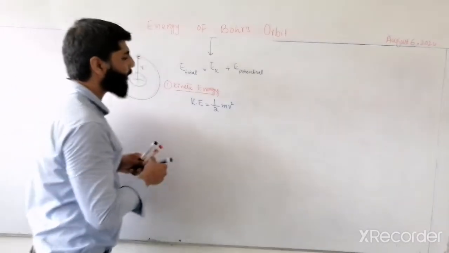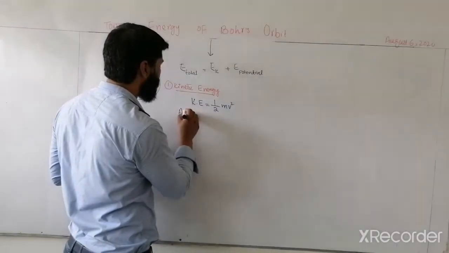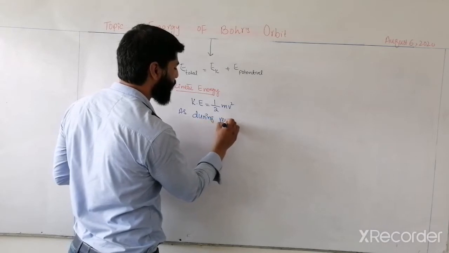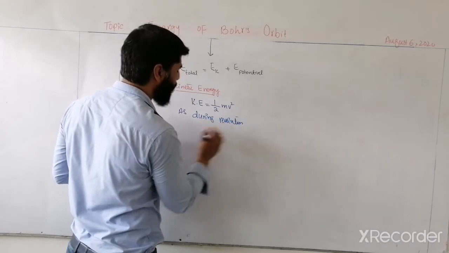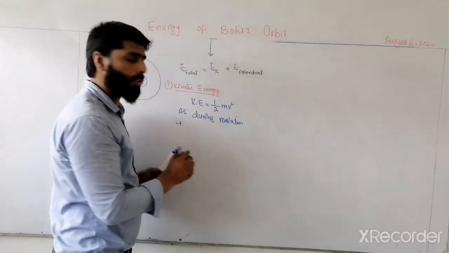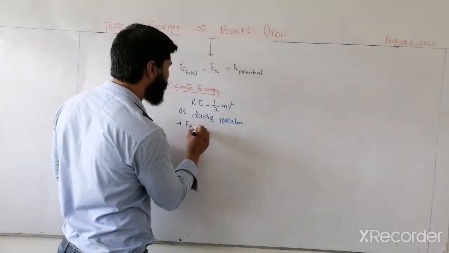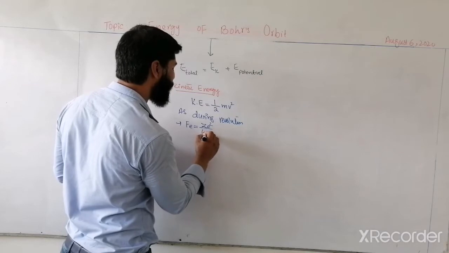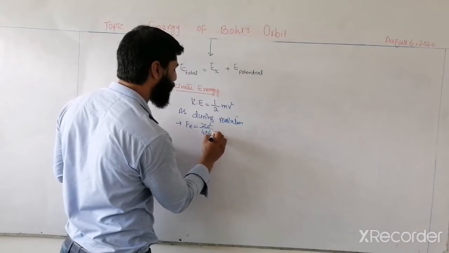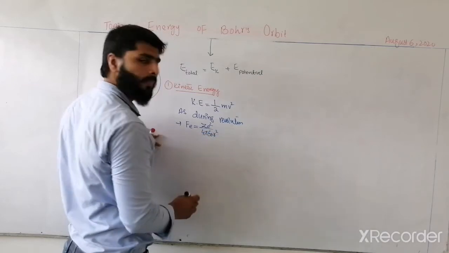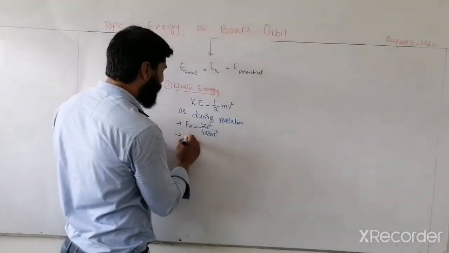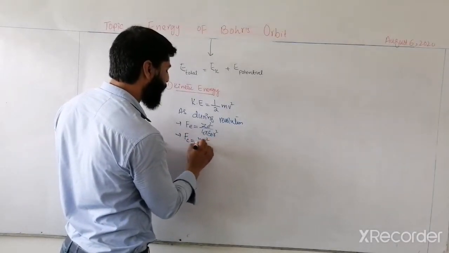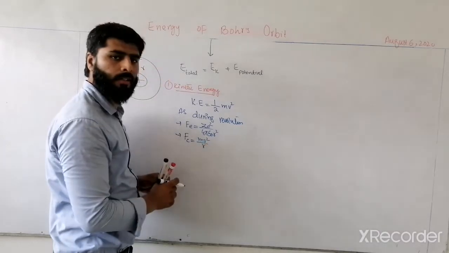By comparing, during revolution there are two types of forces. Number one, Fe, which is equal to Ze square divided by 4 pi epsilon naught r square, and number two, Fc, which is equal to mv square divided by r.